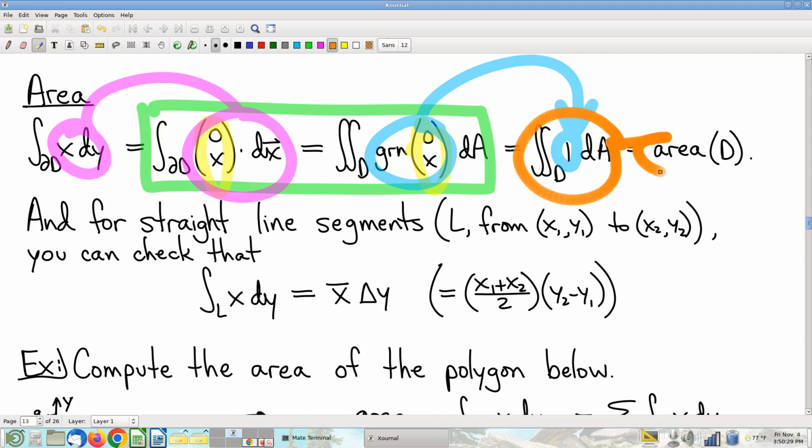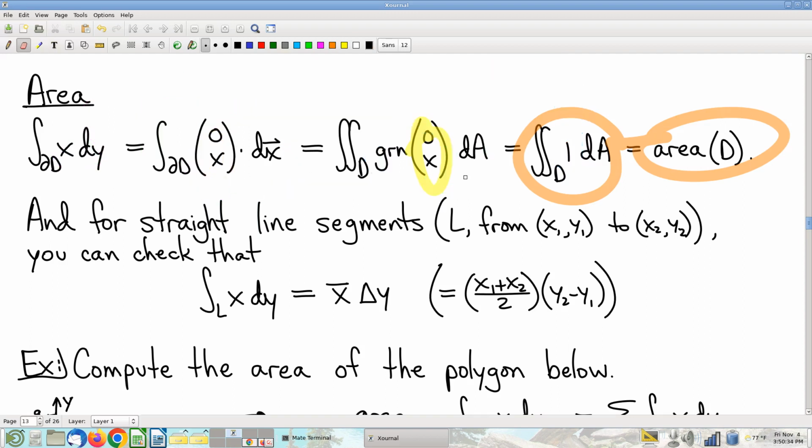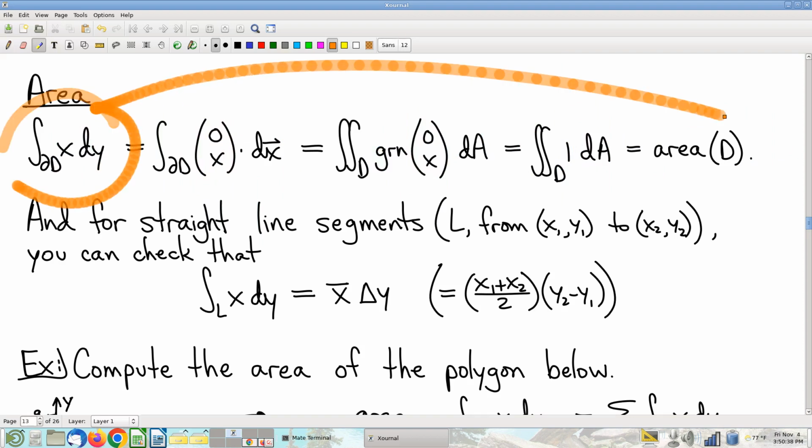The integral of 1 just gives you the area of your domain. And so all together then, the punchline is that this line integral computes the area that the curve bounds, which is unexpected and kind of interesting. Okay, everybody with me?